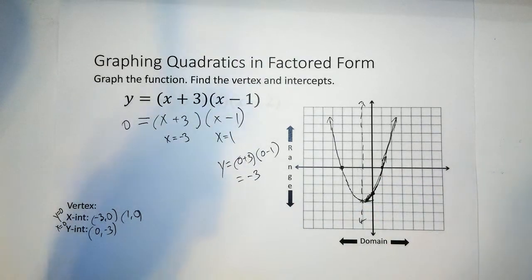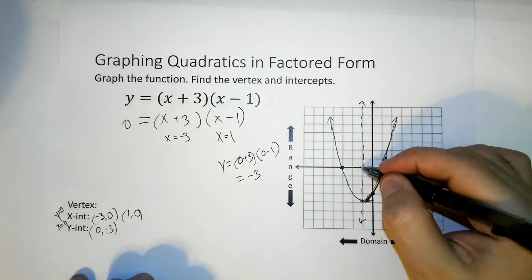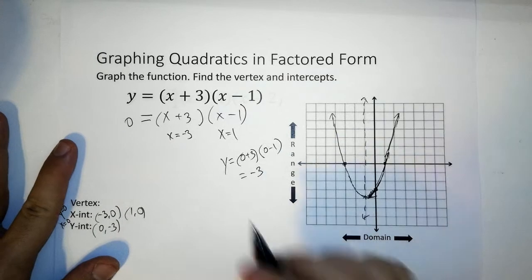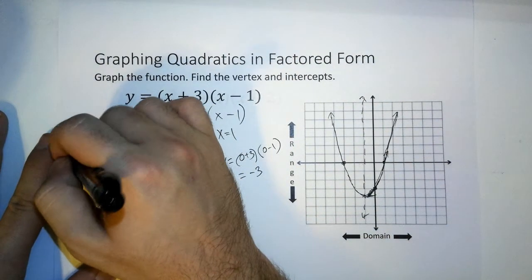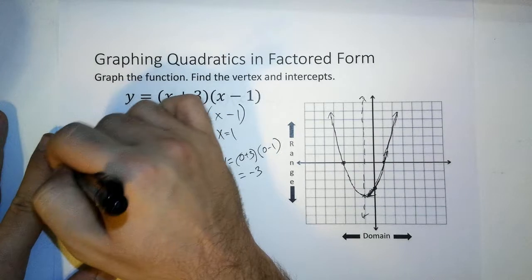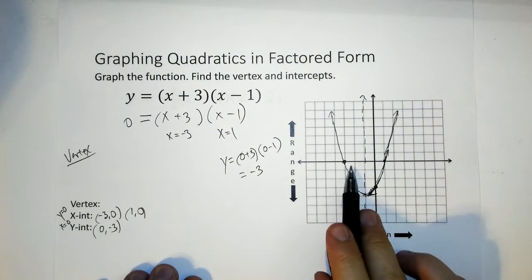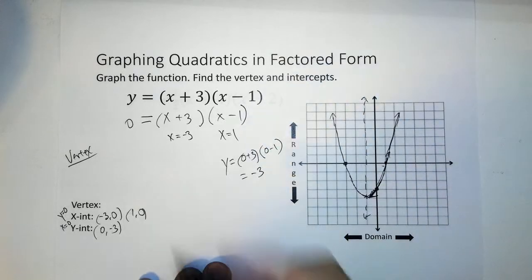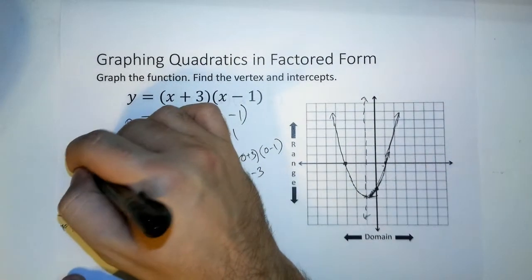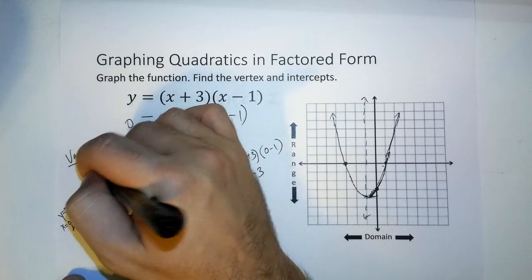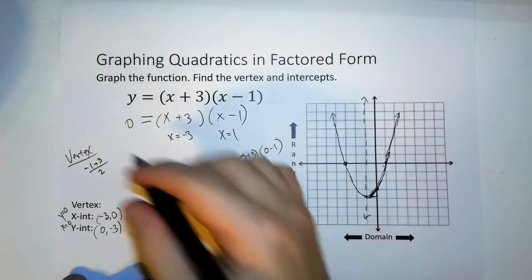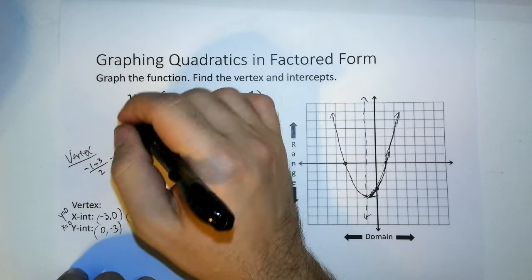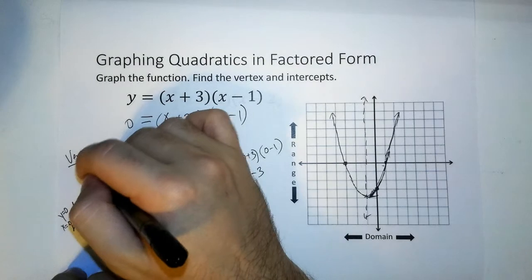So how do we find our vertex? We're going to start by finding the x-coordinate of it. It's right in between our two x-intercepts. So for the vertex, we're going to find the average of our x-intercepts, the midpoint. Remember, how do we find the average? We add the two numbers up and divide by 2. Oh, I'm sorry, that's my mistake.